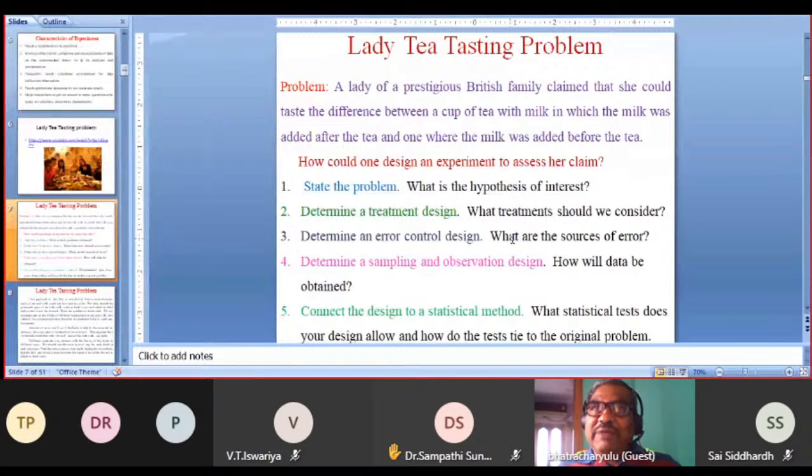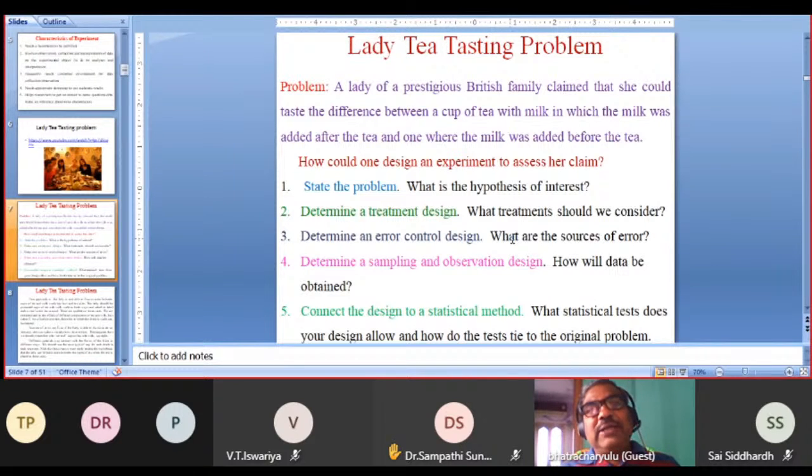Whatever the tea that is given to her, she will say this tea was prepared by this particular method. So this is called the lady tasting tea problem.